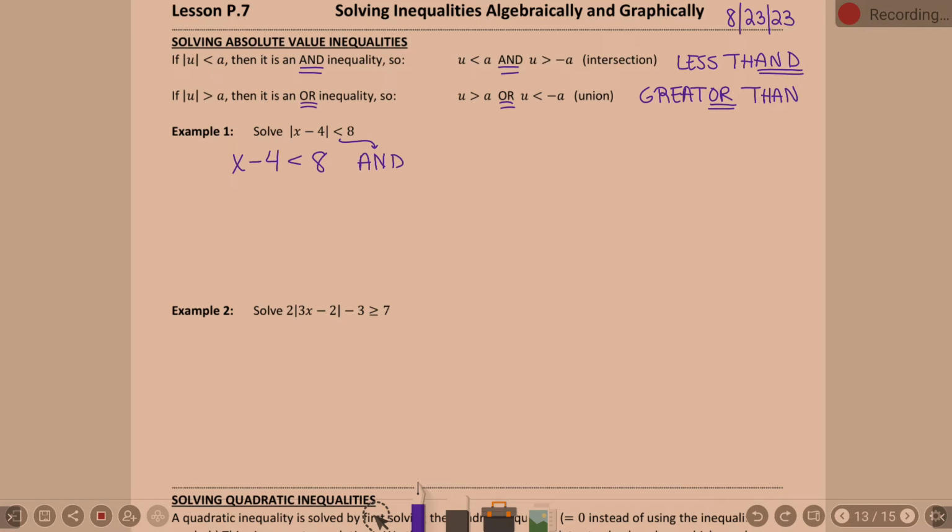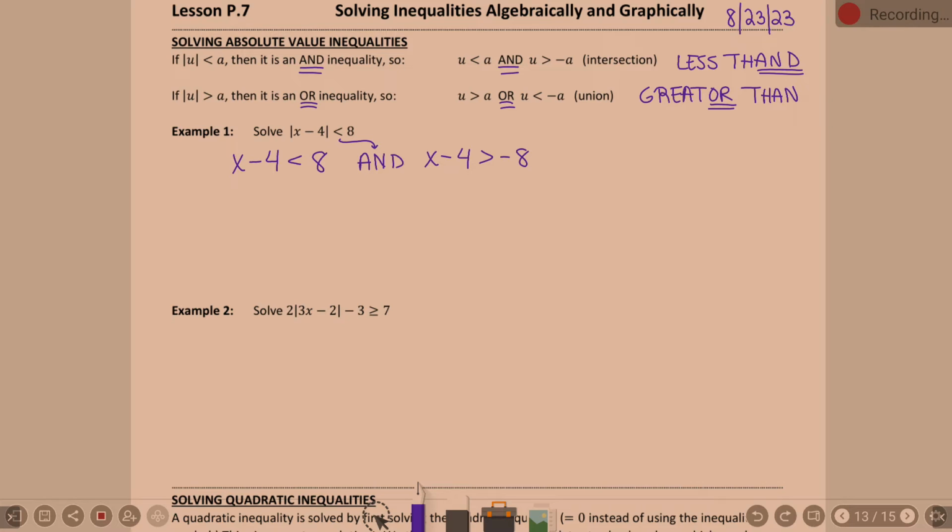Your second inequality: you always keep whatever's inside the absolute value the same. So my x minus 4 stays the same. As I stated earlier, I change two signs. The less than sign changed to greater than, and positive 8 changes to negative 8.